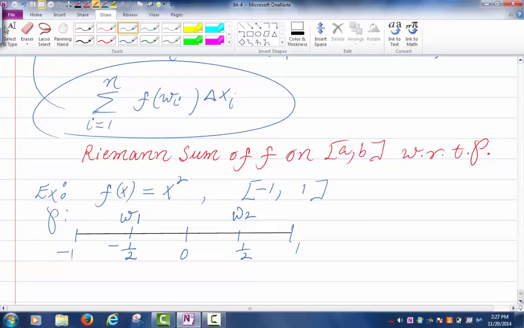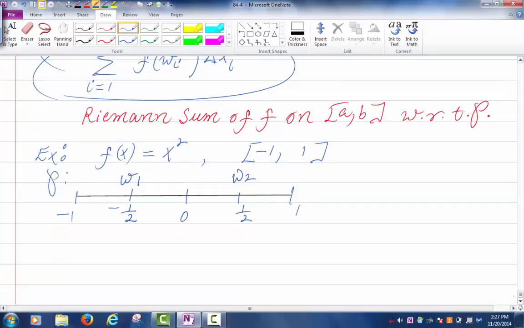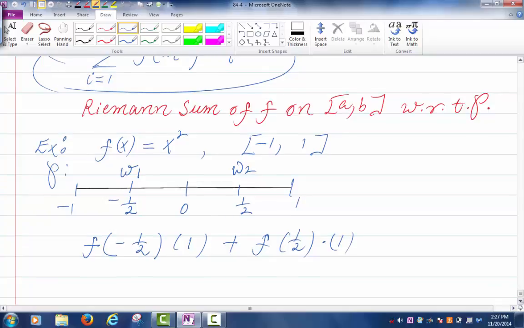What would be a Riemann sum here? You evaluate the function f at negative half and multiply that by the length of the subinterval it's coming from, which is 1, plus f of half multiplied by the length of subinterval 2, and then I just evaluate that.